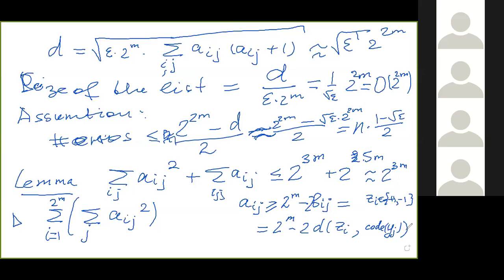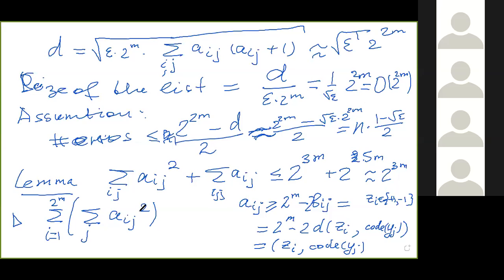And then we can rewrite this thing, as we did several times before, as the inner product of these two strings, zi, assuming plus minus 1 notation and code of this one.